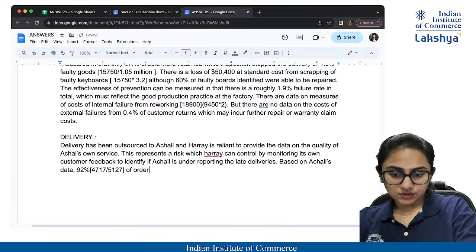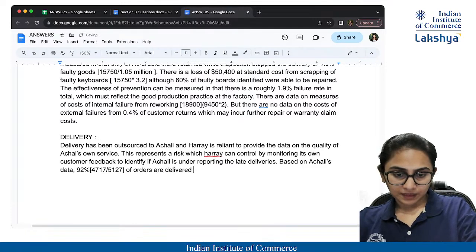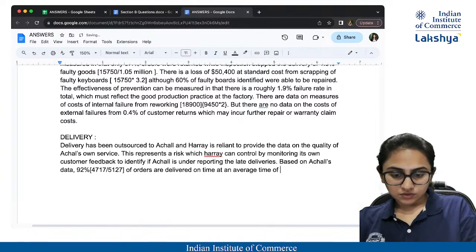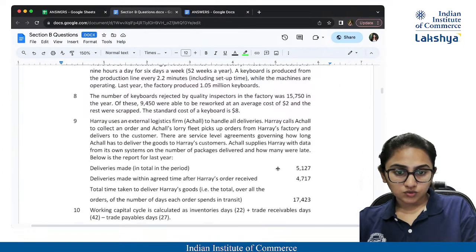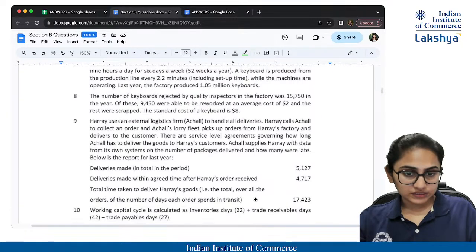Of orders are delivered on time at an average time of, the total time that is taken is 17,423 divided by 5127.